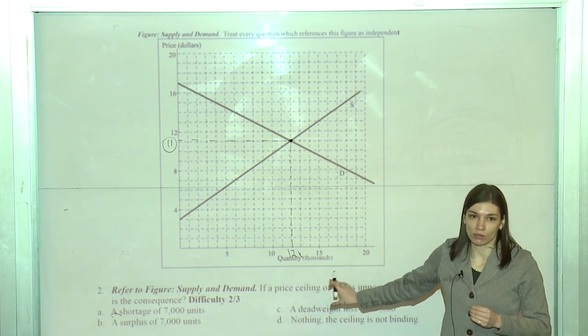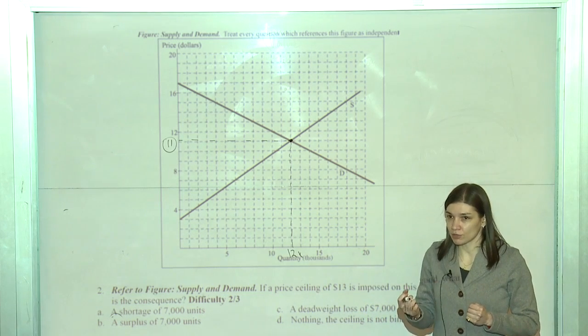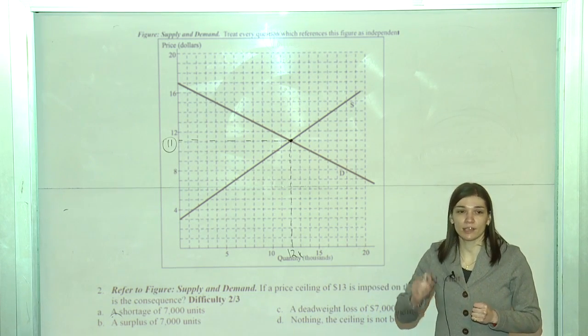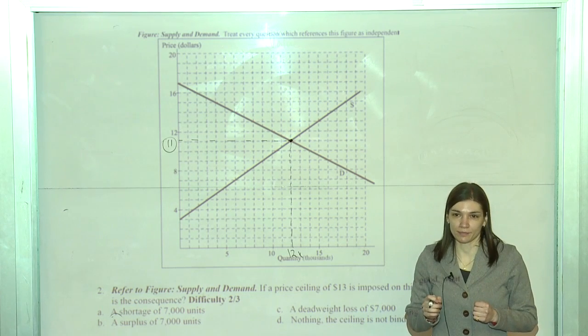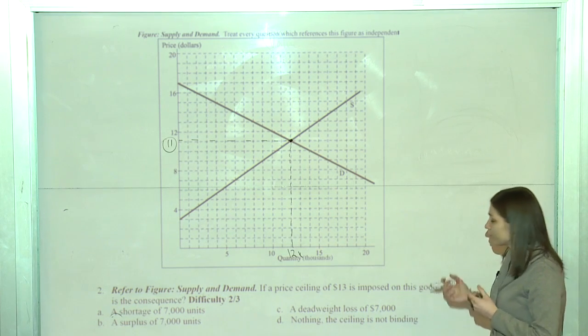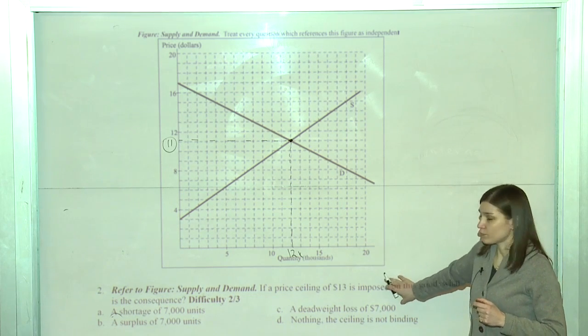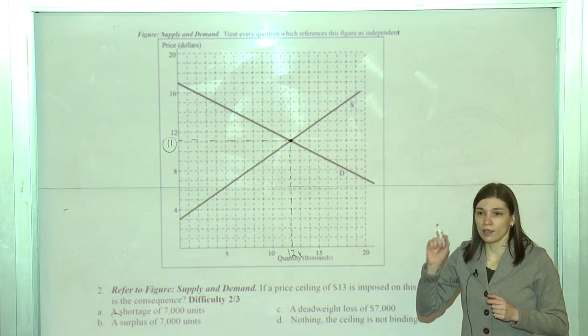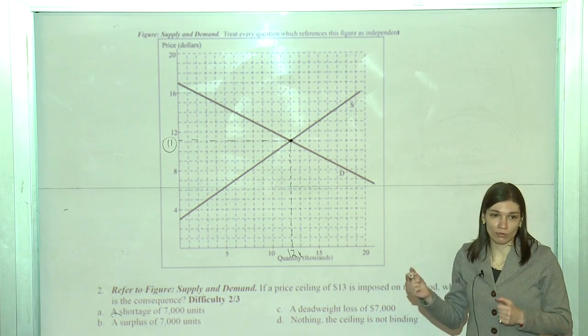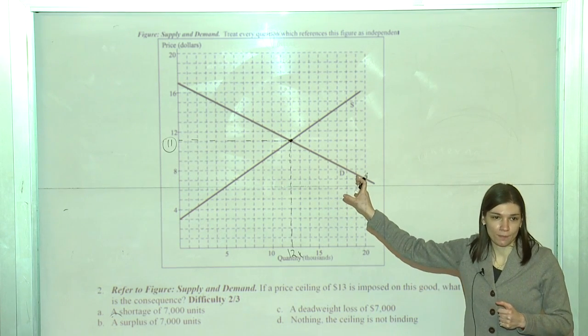In this case, it's $13. The next question you need to ask yourself is whether that price ceiling is binding or not binding. And that could be rephrased as to ask whether after the price ceiling is imposed, is it still legal to sell the good at the equilibrium price, right?